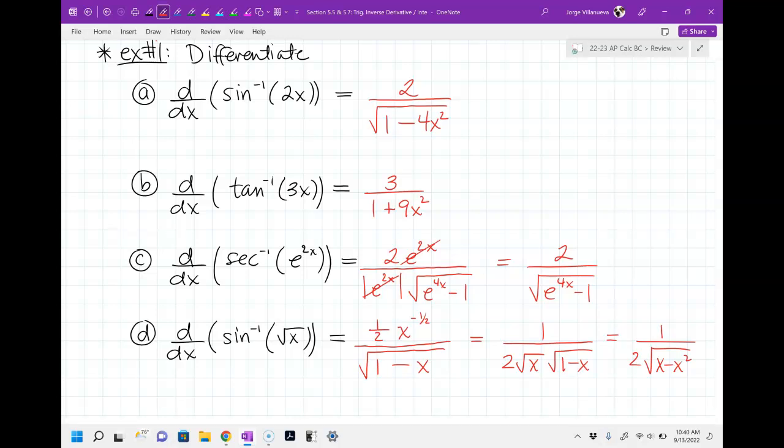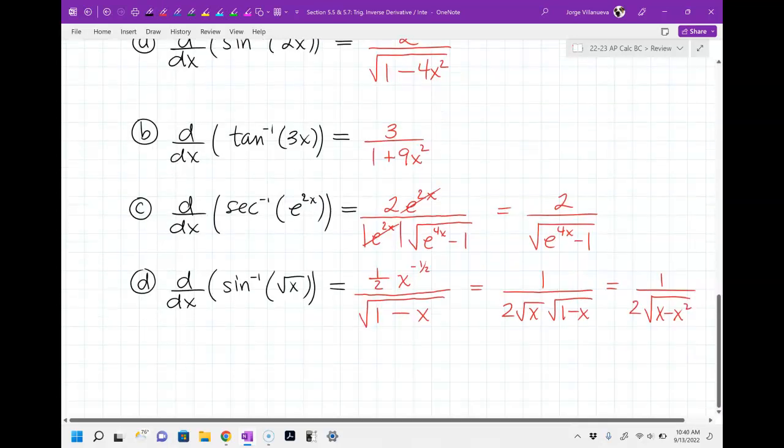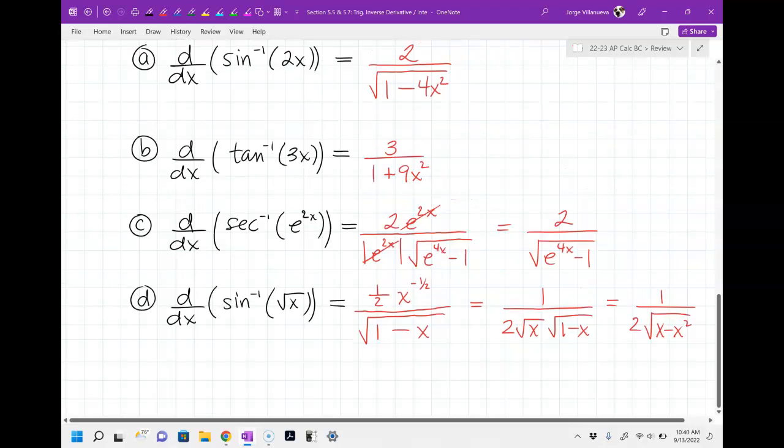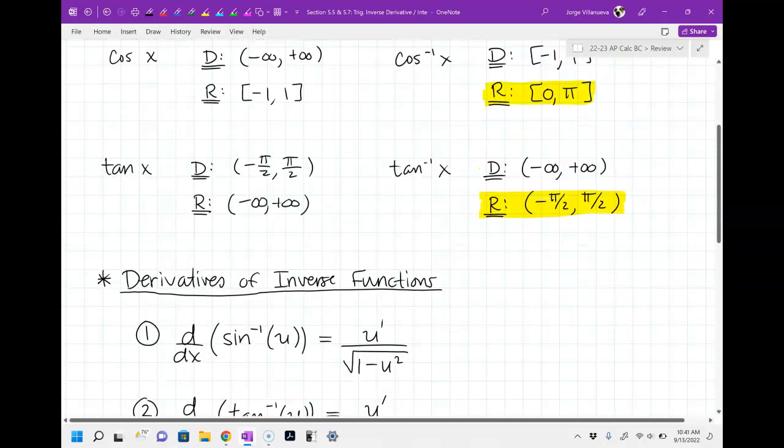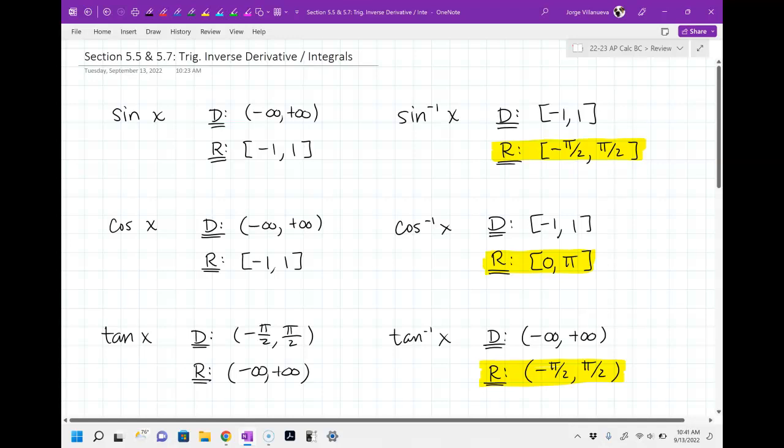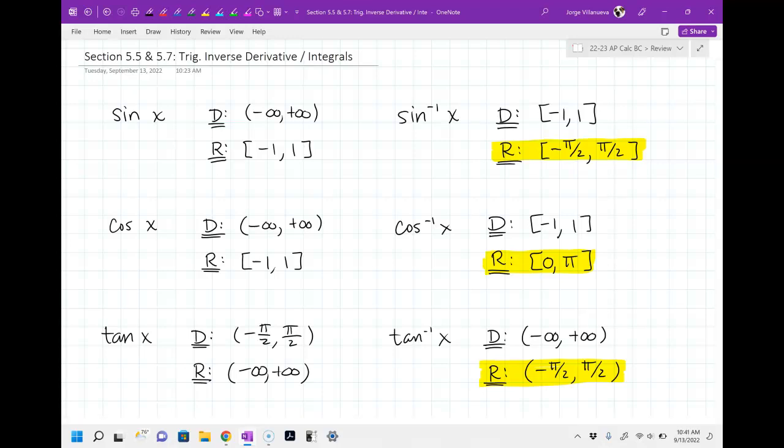All right. So at this point, you are ready to work on homework for this section. I'll write down the assignment at the end, because I'm not going to go over a whole bunch of the other stuff. But this was just differentiation of these functions. Remember, at the very beginning, I defined what the inverses are. All your answers for sine inverse of 0.5, cosine inverse or whatever, have to be within that range for sine, cosine, and tangent.